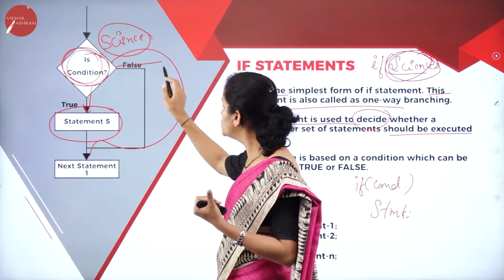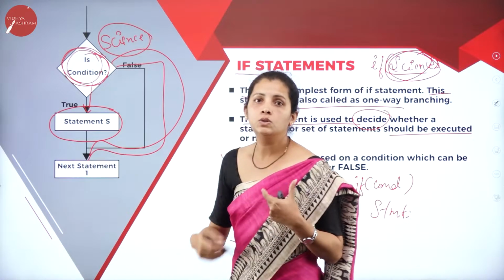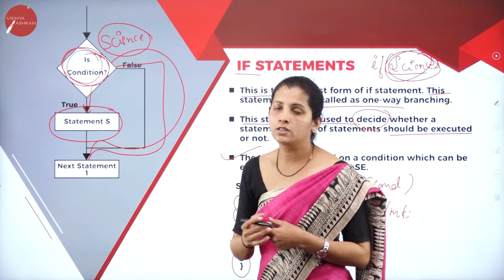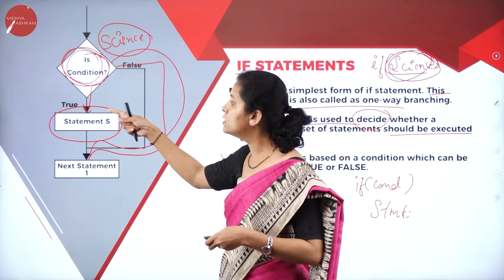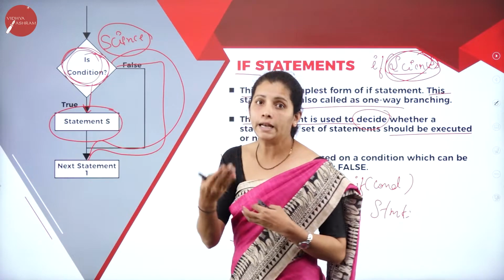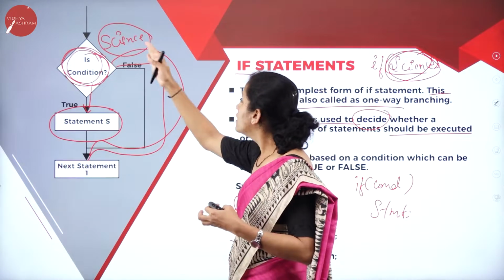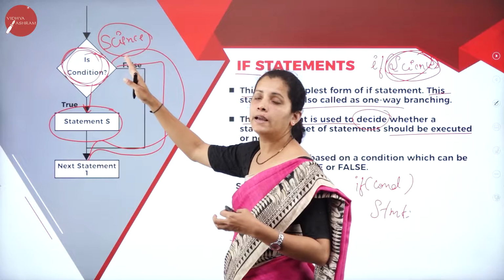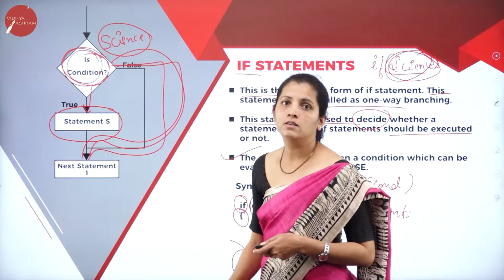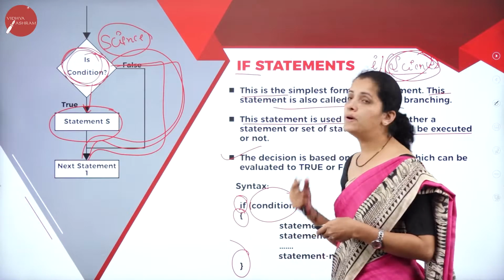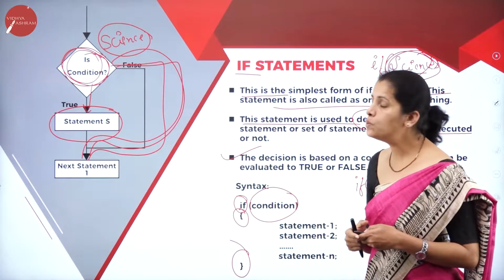Otherwise, I'm going to search for another college. So here I'm having only one condition, and if that condition is true, then execute or get in, or if the condition is false, then execute the next statement. So this is the way the simple if statement is going to work.